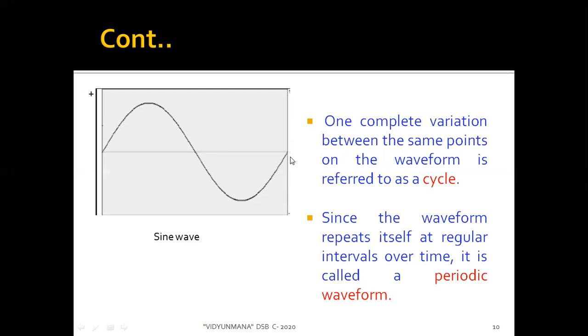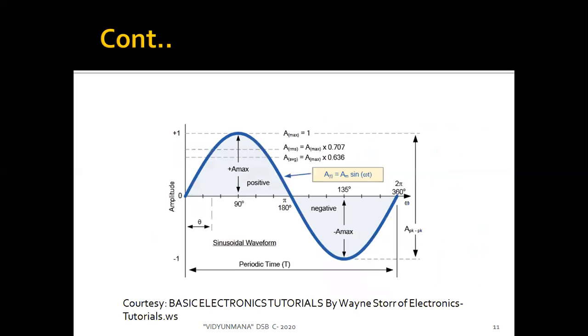Therefore, one complete variation between the same points on the waveform is referred to as a cycle. That means from this point to this point is called one cycle. Since the waveform repeats itself at regular intervals over time, it is called a periodic waveform.